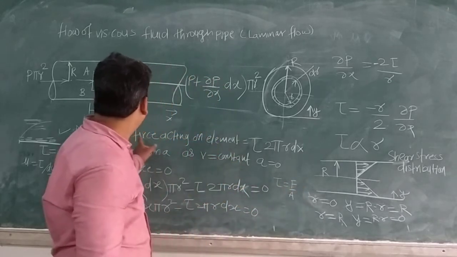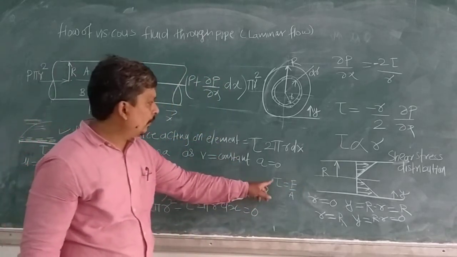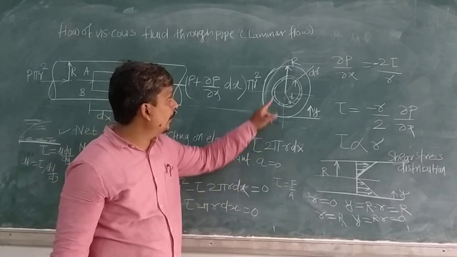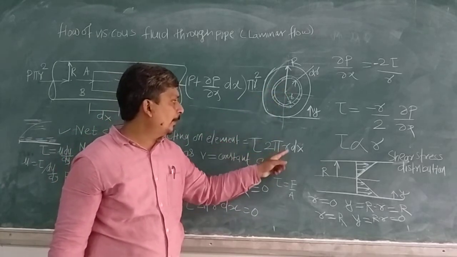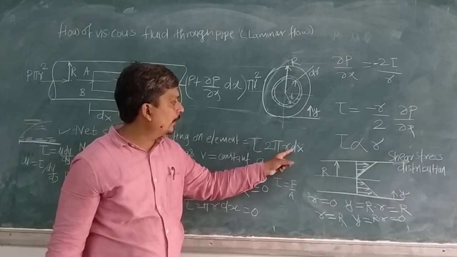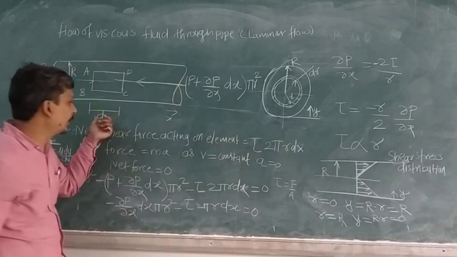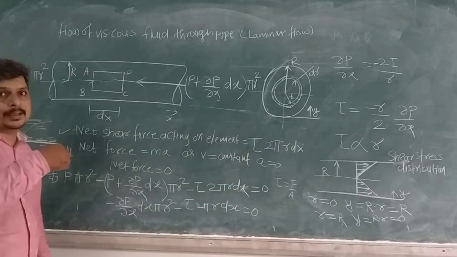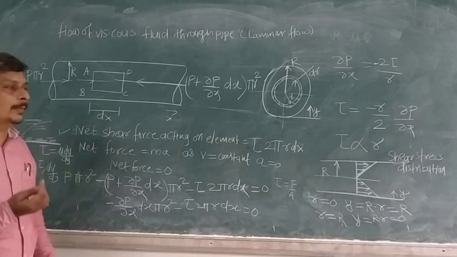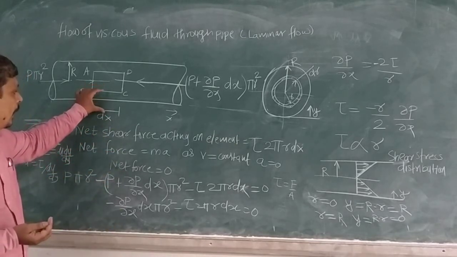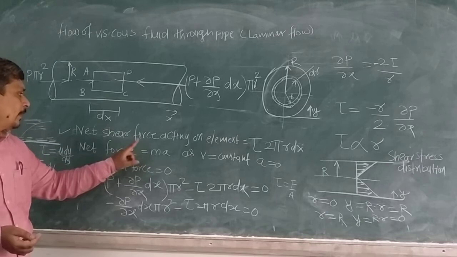So net shear force will be tau into the area of this element, whose perimeter is 2 pi r and thickness is dx. So this net shear force acts along its perimeter, 2 pi r dx.